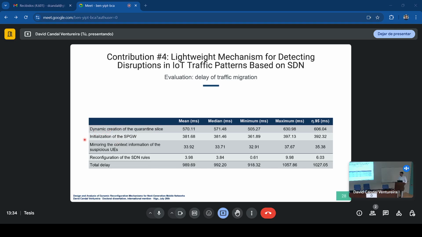In the end, 5G networks also deploy the VNFs in a container or a VM, and they follow the same approach, deploying the VM or container, initializing the function, and then the corresponding task.